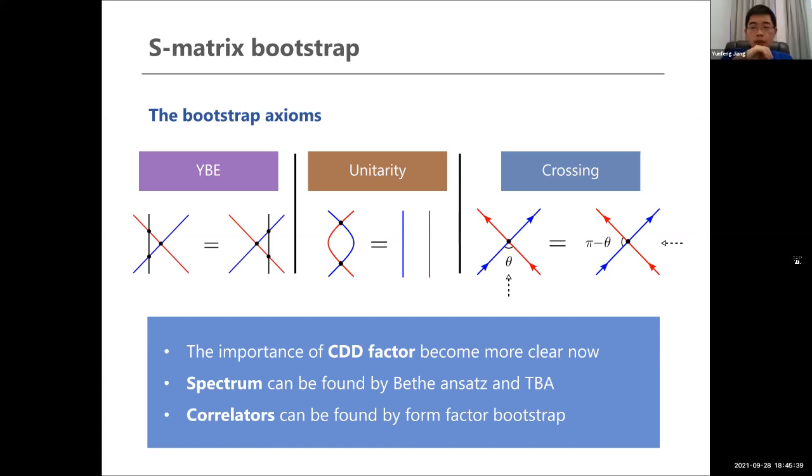Okay, so you are asking about the entanglement entropy, right? First of all, let me clarify something. When I say boundary entropy, this actually means the exact g function, which is the overlap of the boundary state and the vacuum state.